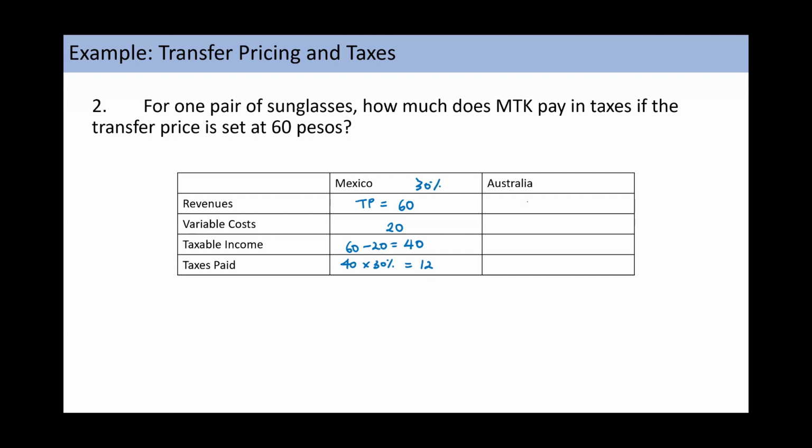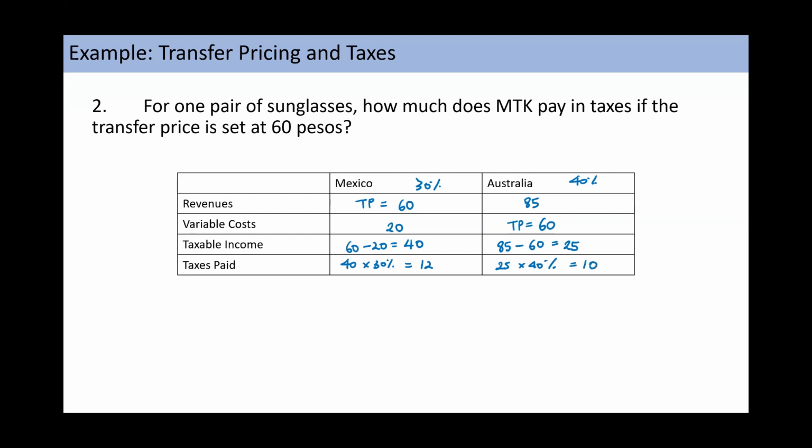For the Australian office, we're still selling the pair of sunglasses at $85 a unit. And the variable cost is, again, the transfer price of $60. So the taxable income is 85 minus 60, which is $25. And with a tax rate of 40%, 25 times 40% equals $10.